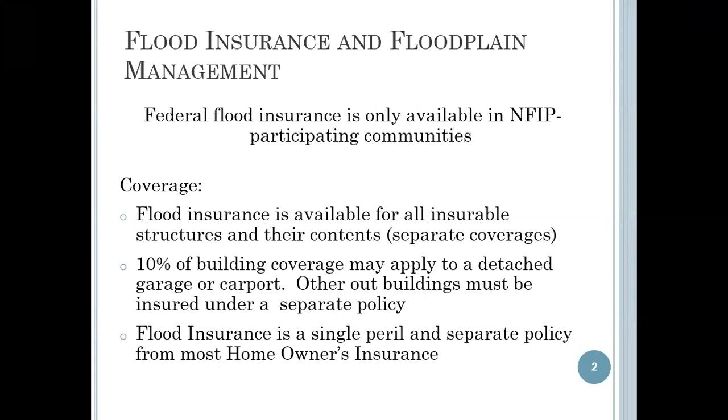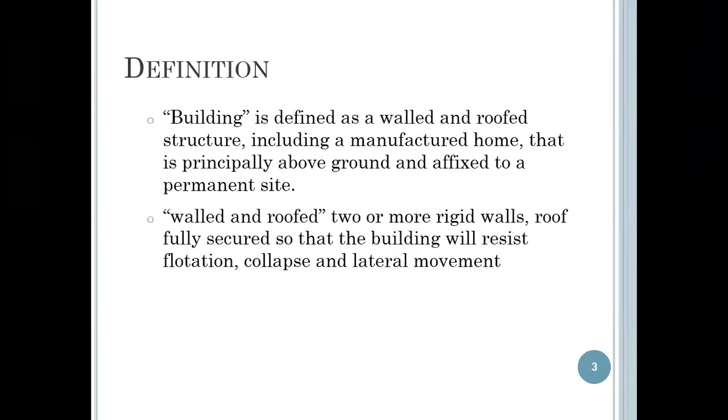So it could be from an overflow of a stream, or it could actually be a mud flow, which is what we're concerned with right now with our floods after fire and debris or mud flows when there is even just a little bit of rain. Flood insurance under the NFIP is separate from, and not included in, most homeowners policies. Some of the private policies now you can endorse flood, but that is not NFIP coverage.